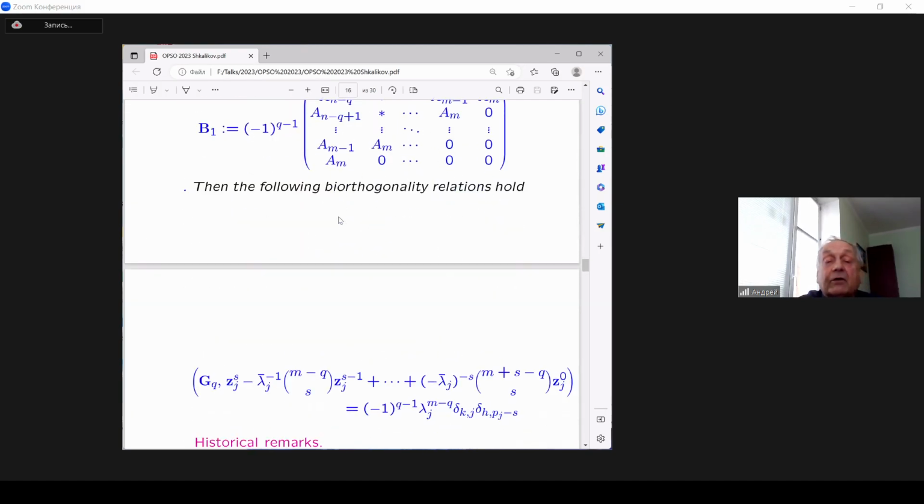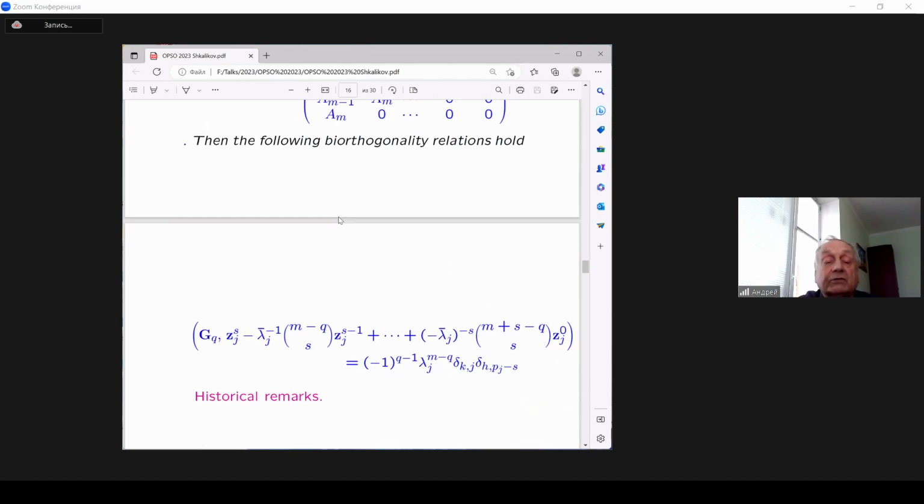Then the following biorthogonality relations hold.